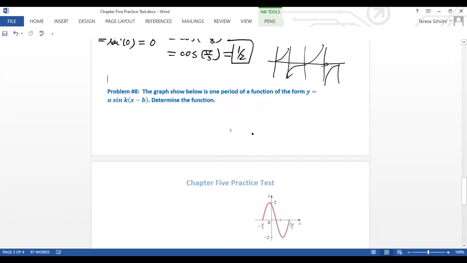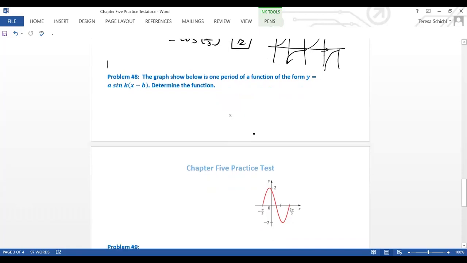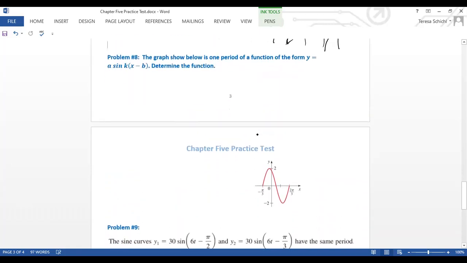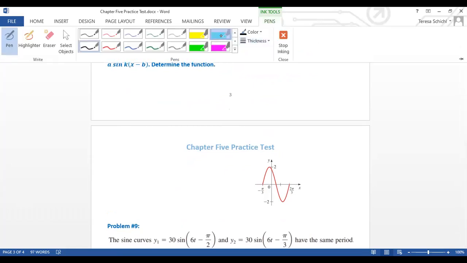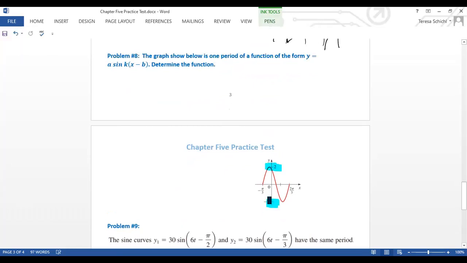Okay, so then let's take a look at determining the functions here. This is pretty interesting, right? They give us the function, and the first thing you say is, hey, this shape is kind of like the sine, right? So the first thing you recognize is this number, which means it's the amplitude, so A is equal to 2.